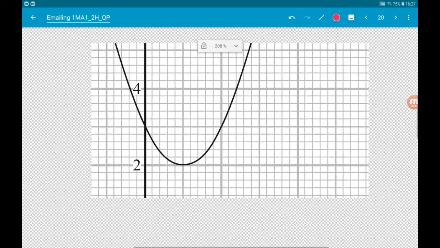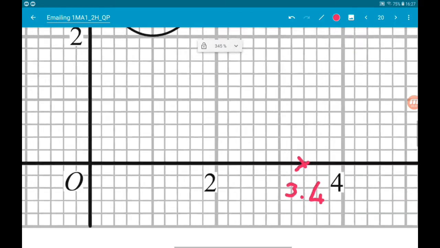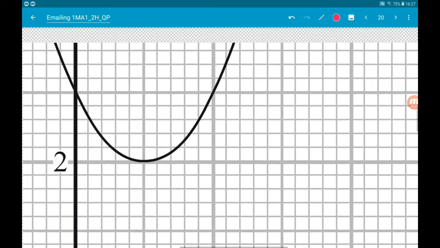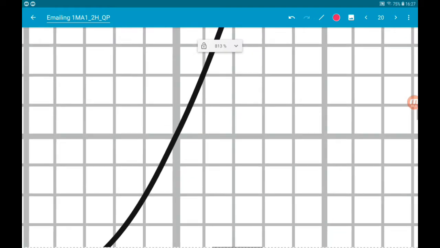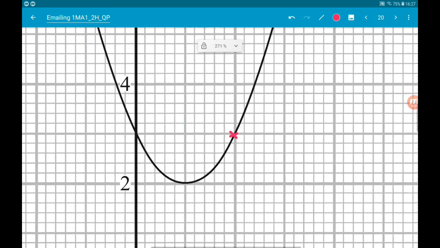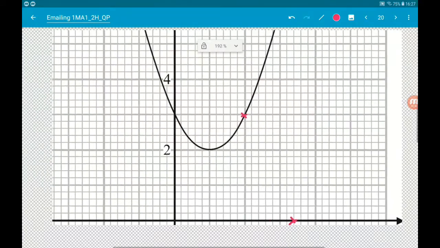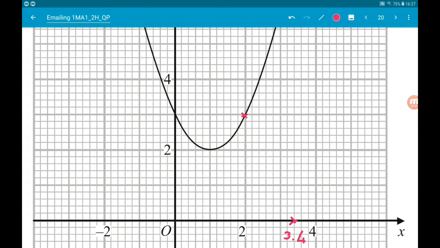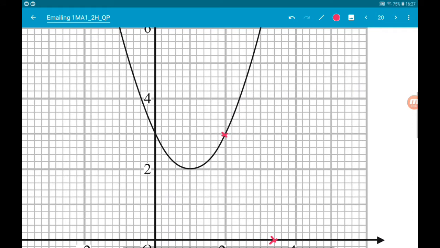So x is 2 here, so point P is this point here. So what we need to do is try and draw a tangent and then work out the gradient of the tangent. So this might not go too well, but we'll have a go.